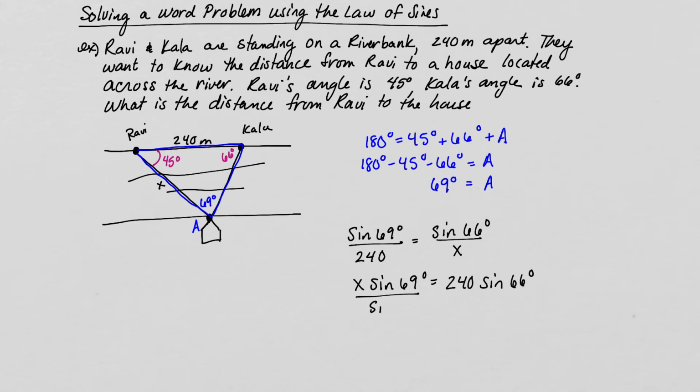If I divide both sides by the sine of 69 degrees and punch that into our calculator, x turns out to be approximately 234.8 meters if I round to the nearest tenth. So it's not too terrible.